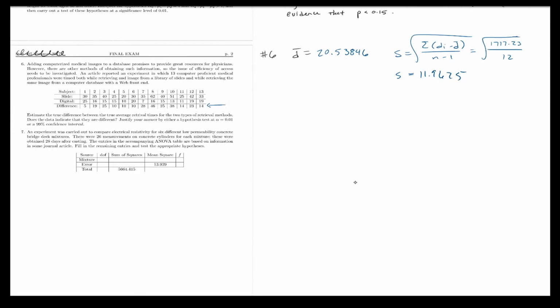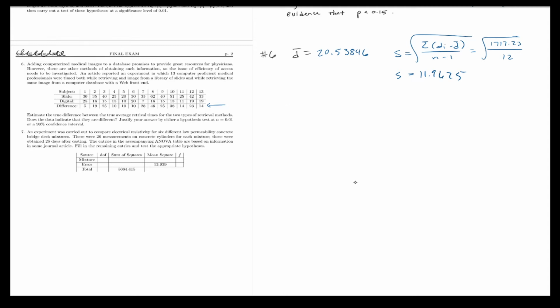Now, estimate the true difference between true average retrieval time. So I need to look this up just to make sure I do the right t-test. It's for paired data. So yeah, pretty easy. We've got to give an alternative and a null.